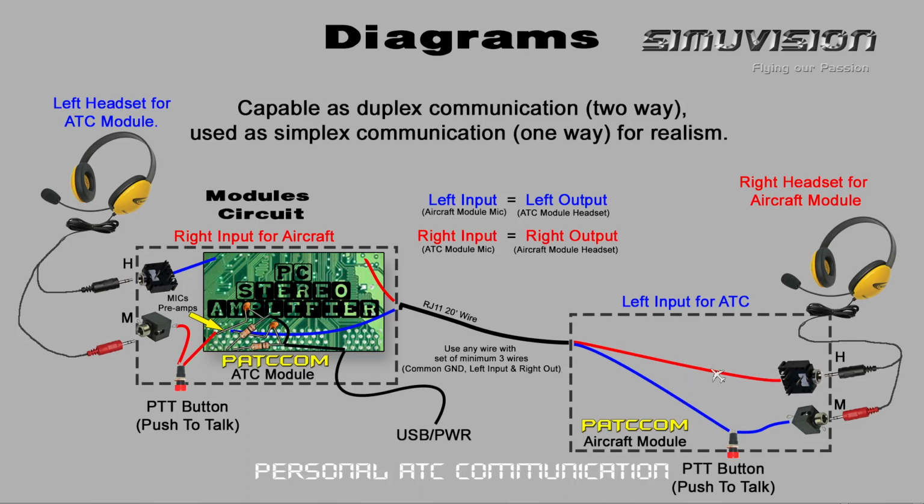So if you have the left input, then you should have the right output on that box. The other way around, if you have the right input, then make sure that you are having the left output. And this is how you'll be able to make your own thing. Right. Let's continue with our video now.